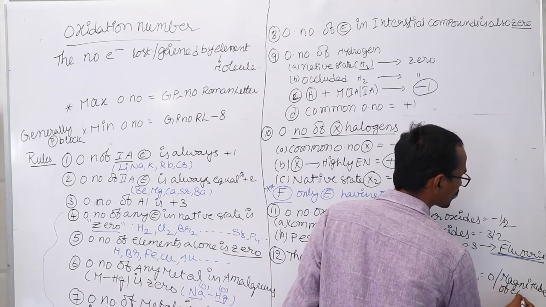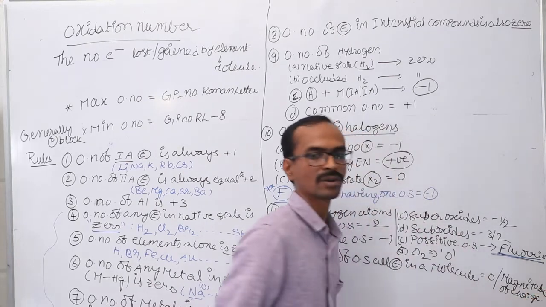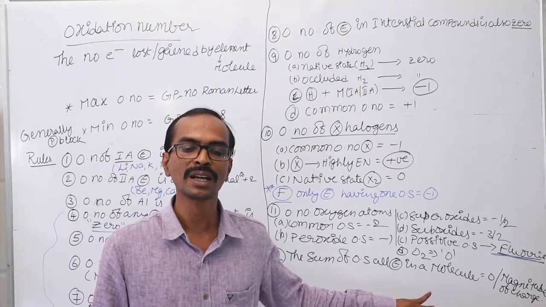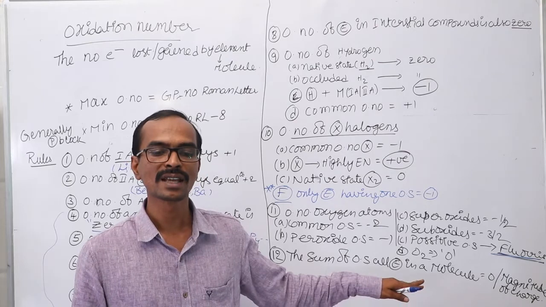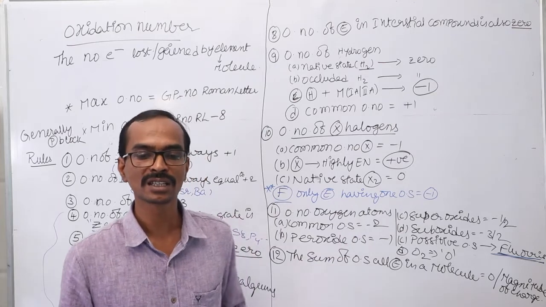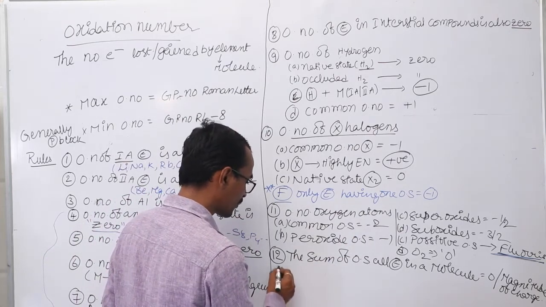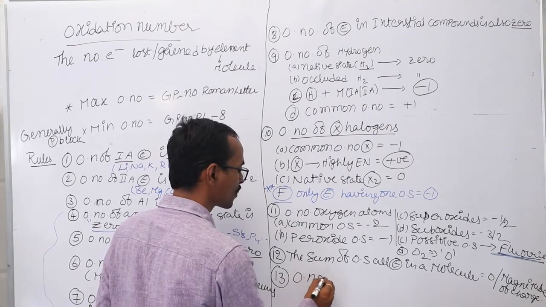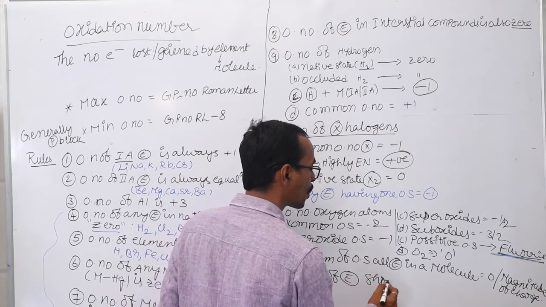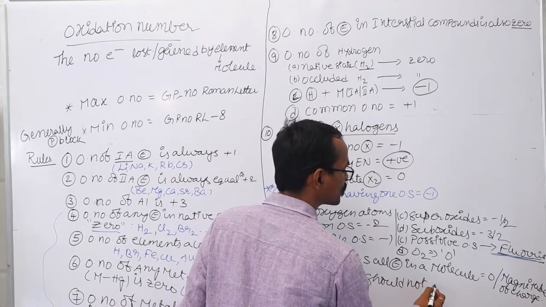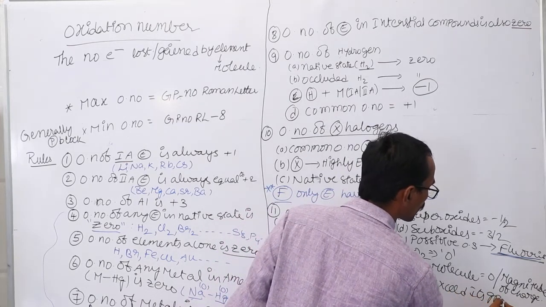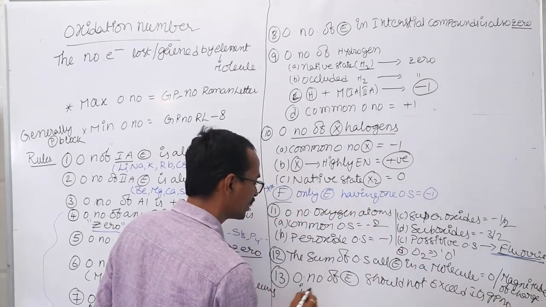Next, the last point you have to remember: the oxidation number of any element calculated in this process should not exceed its group number in Roman letters.